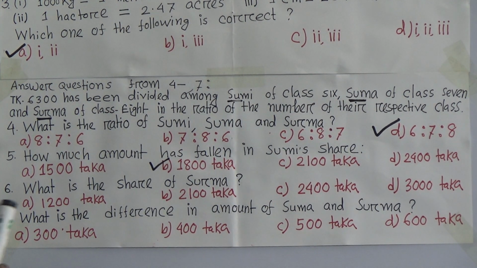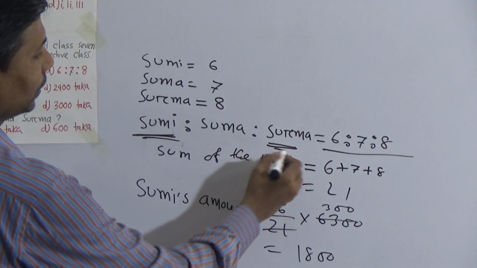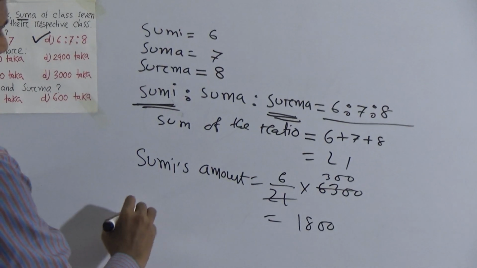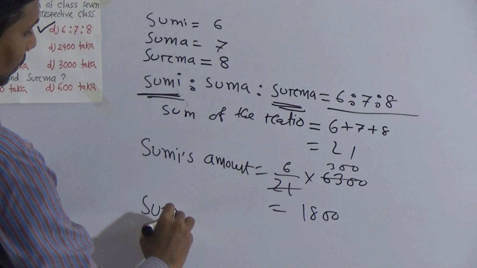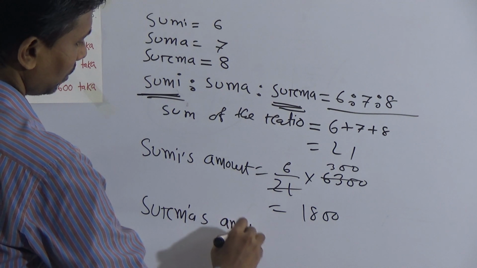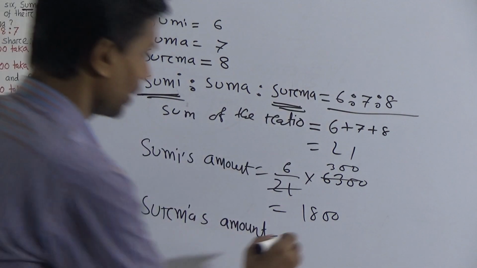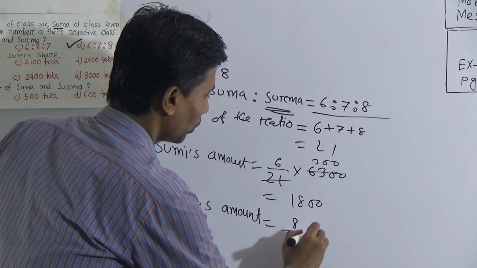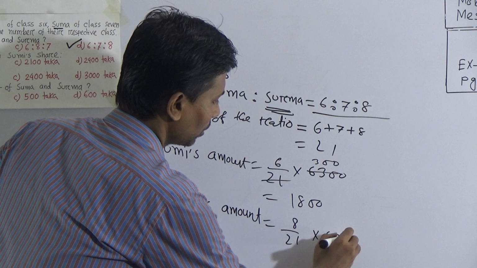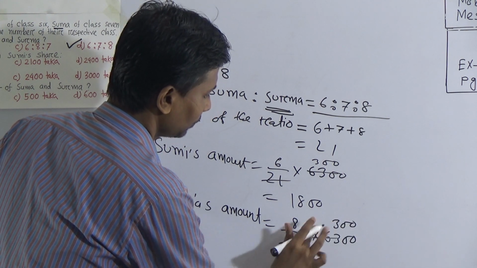Sixth number. What is the share of Shurma? Now see, this is Shurma. So you write Shurma's amount. How much? Shurma, that means 8. 8/21 into the total, divide.